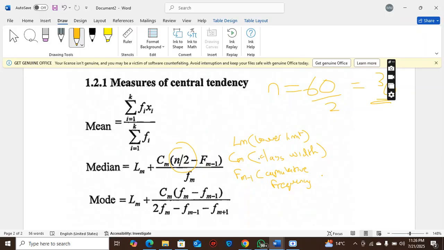Excuse my handwriting, okay? This is cumulative frequency before median class, MC. And then FM, frequency of the median class. Wonderful, sir. Thank you. That's correct.